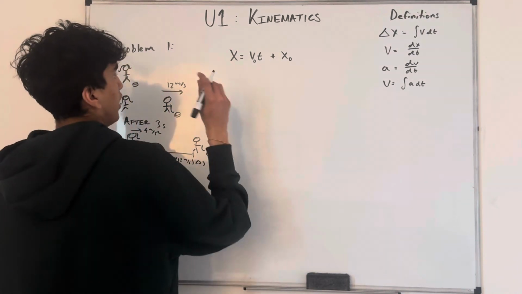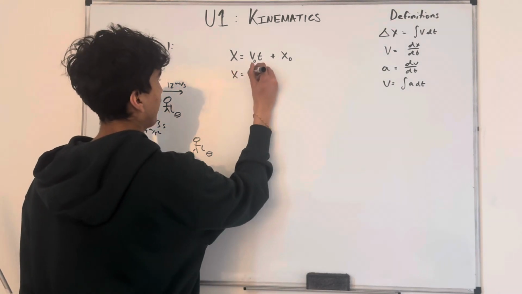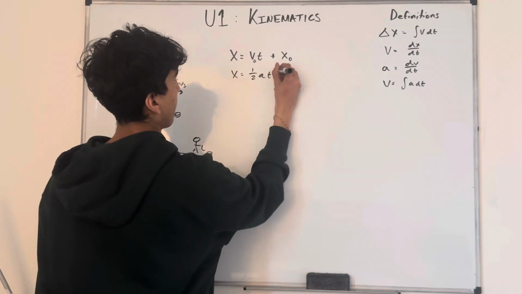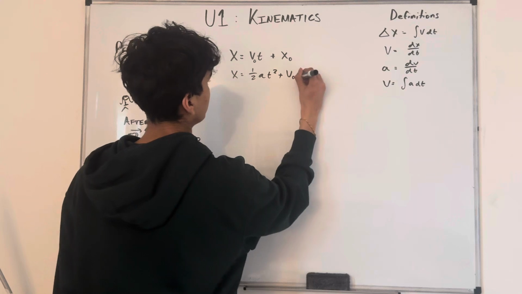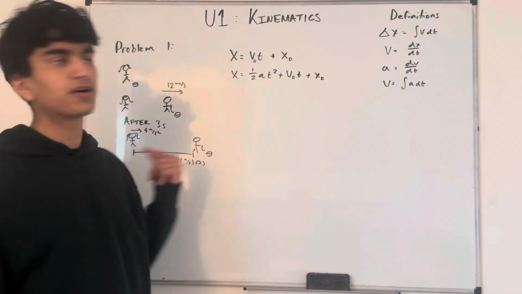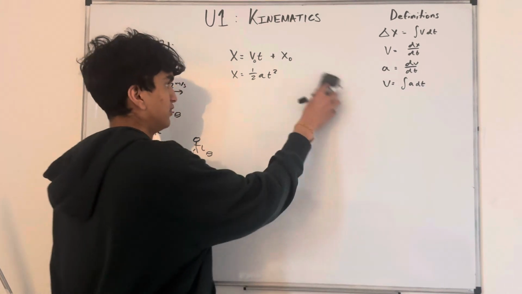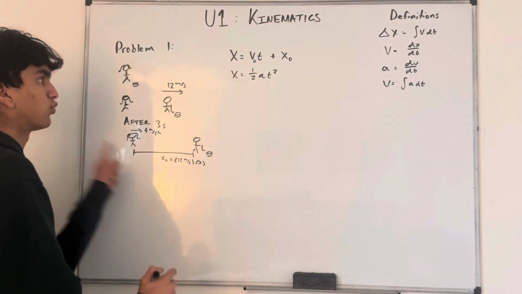So the position of the girl is going to be 1/2 at squared plus v naught times time plus x initial. And these are all 0 for her, right? Because she starts at rest, and she starts where we can consider x to be 0, right? We could say x is 0 right here.